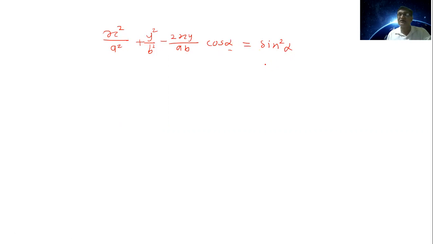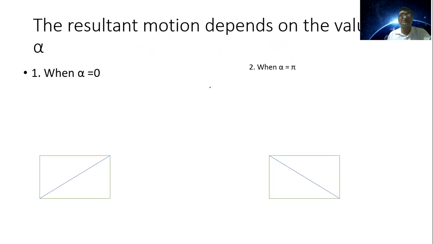A number of cases arise here. For the first, when alpha is equal to 0, we can write x square upon a square plus y square upon b square minus 2xy upon ab cos 0, which is 1, is equal to sine square alpha, and sine 0 is 0.